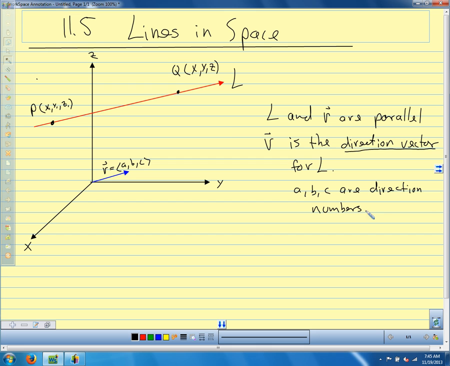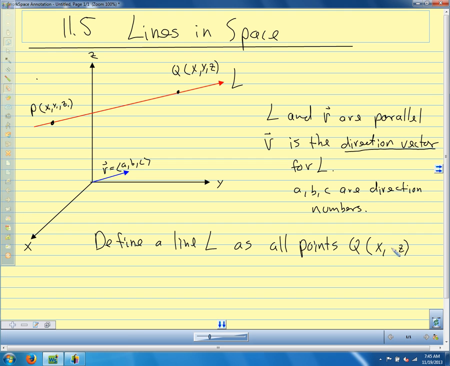And we are going to define a line in space as the set of all points Q, and Q is just some arbitrary point x, y, z.